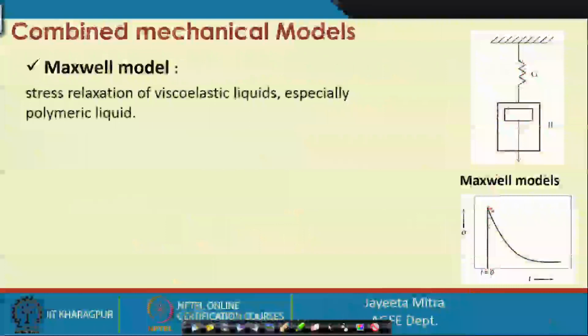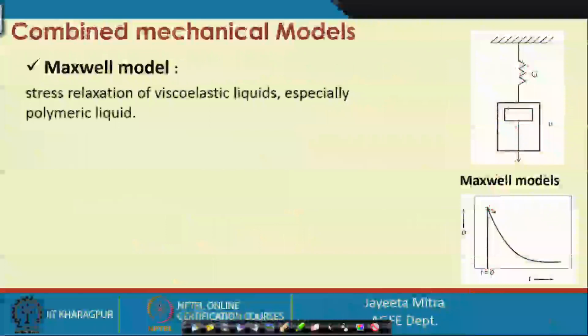So, the stress will show a straight increase in value as and when the force comes on it. Now, this force is transferred to the dashpot, and the dashpot, as we know, tries to flow and dissipate that energy.